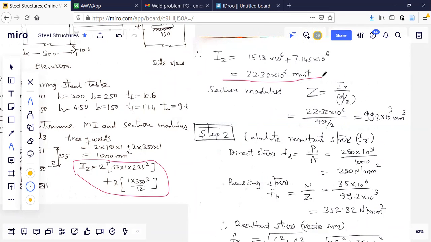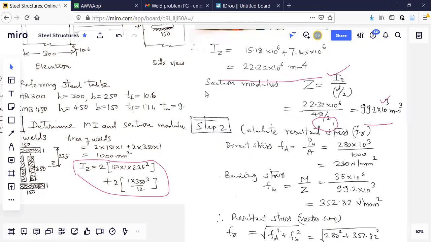Iz is obtained. Then Z has to be calculated this way, so this divided by Y, which is 450 by 2. Y is D by 2 in strength of materials, so I have used that here. Then 99.2 into 10 raised to 3 mm raised to 3 is here. Actually, it is mm raised to 2 because unit thickness is used. So don't worry about whether it is mm raised to 2 or mm only, because we have assumed a unit thickness.